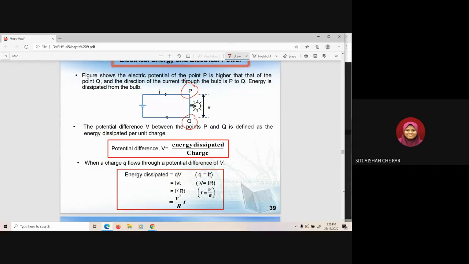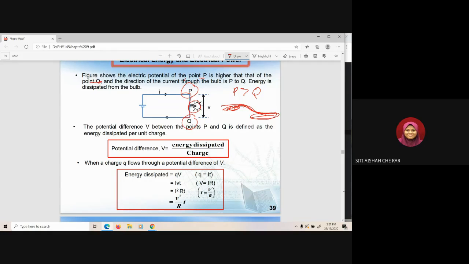We have a point P and a point Q. We can define here that the electric potential of P is higher than the potential of Q. That's why the current flows from P to Q, and when there is current flow, the bulb is on. For example, if you have water, the water will flow to the lower place. When it flows, that is the current flow. So that's why the bulb is on.